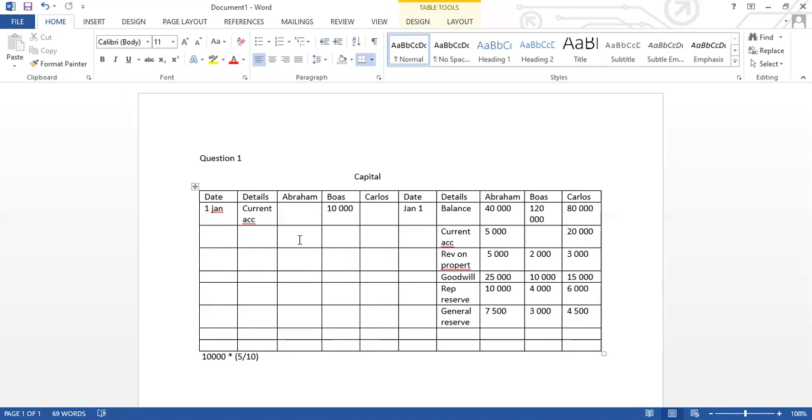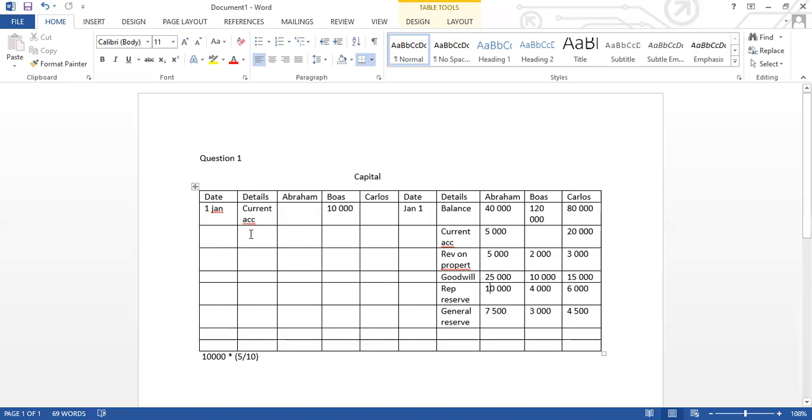Therefore, we now need to share them among the remaining partners. And here we are given information that the remaining partners' sharing ratio is 1:1. So it's 50%, so it's equal.